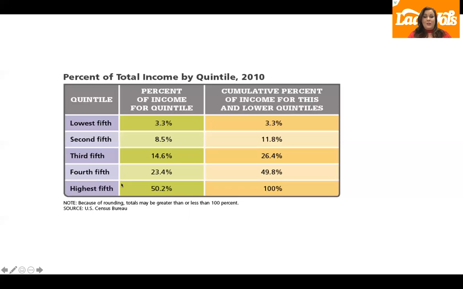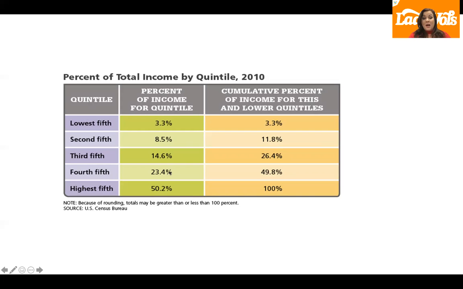If I look at the bottom 80%, they make less than half of the nation's income because they're 49.8, so it's less than half. The bottom 20% only earn 3%. The bottom 40, that would be these two right here, they're only earning, here's the cumulative, 11.8%.